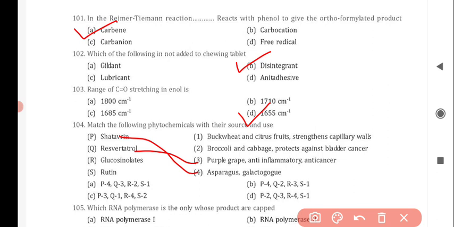And the glucosinolates, it correctly matches with option number 2, that is broccoli and cabbage, and it protects against bladder cancer. Next is rutin, it correctly matches with option number 1, that is buckwheat and citrus fruits, and it strengthens capillary walls. So the correct answer is option A.